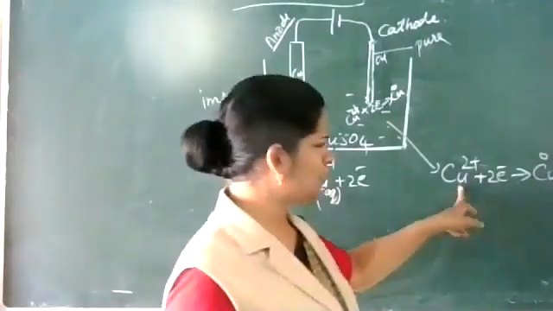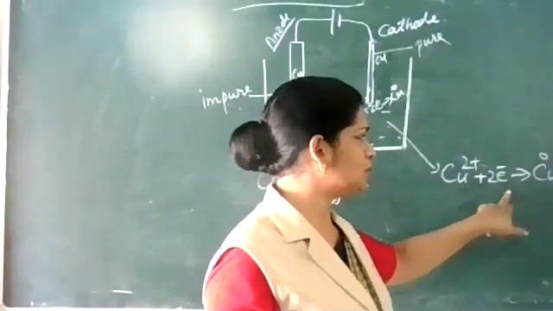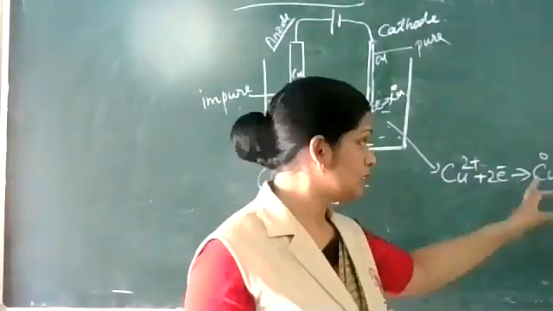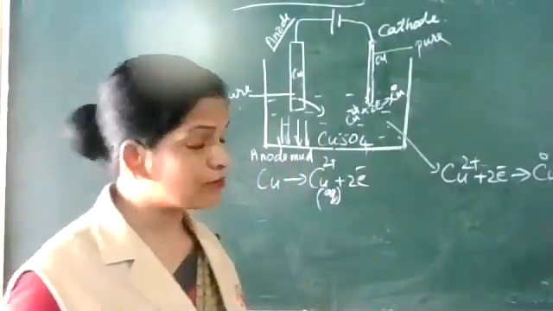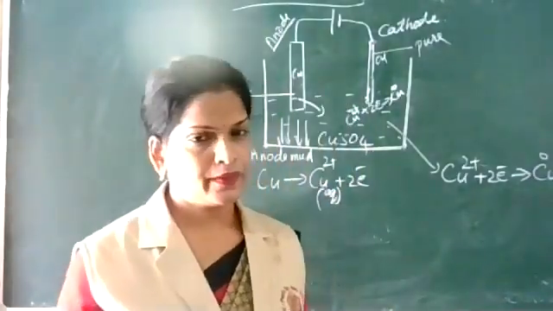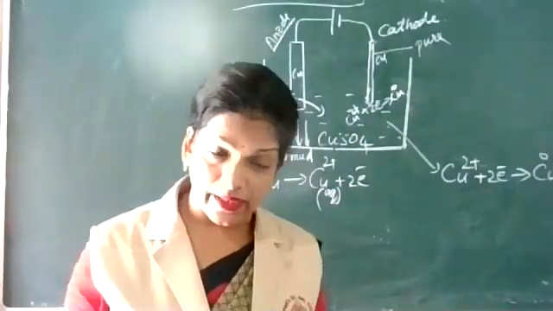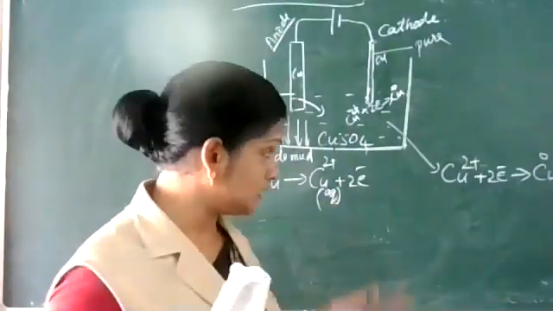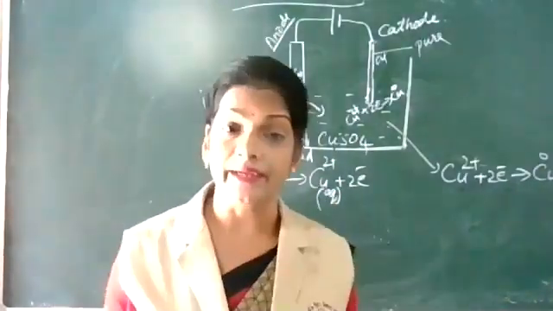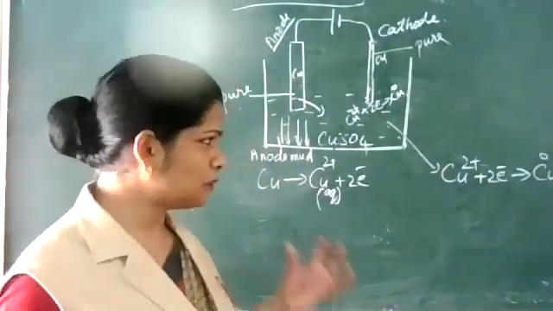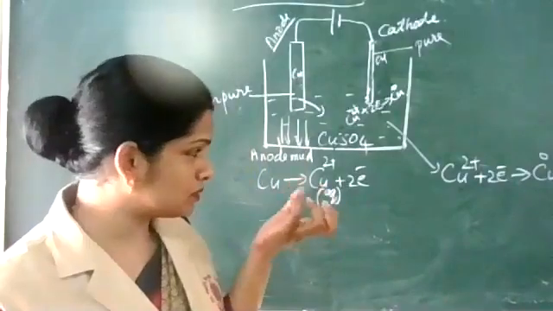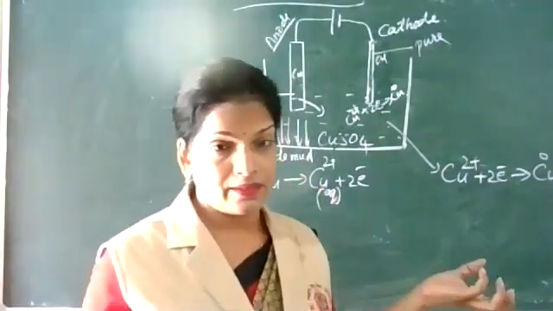See, one copper nucleus requires 2 electrons to form the deposit if only one atom of copper is deposited. You cannot touch, see, or handle one atom of copper. So for us, there should be some amount to be handled with.